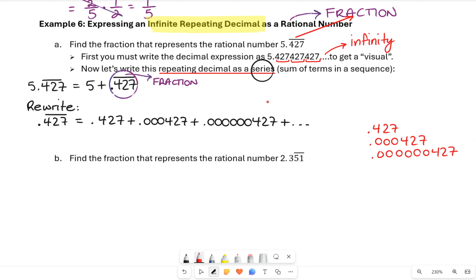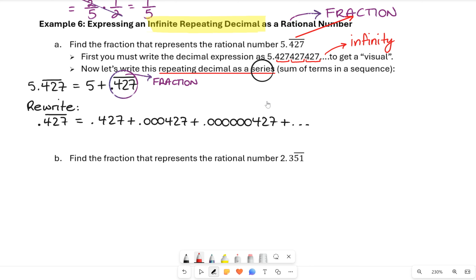If I stack them one above the other and added them, the 4 and 0 is a 4, 2 and 0 is a 2, 7 and 0 is a 7, 4 and 0 is a 4, 2 and 0 is a 2, 7 and 0 is a 7. Isn't that dot dot dot? Isn't that 427, 427, 427? Okay, so when I rewrite it that way, I just finished rewriting it as a series.